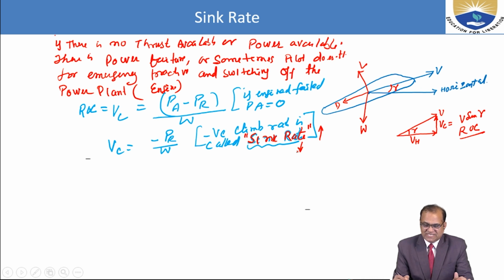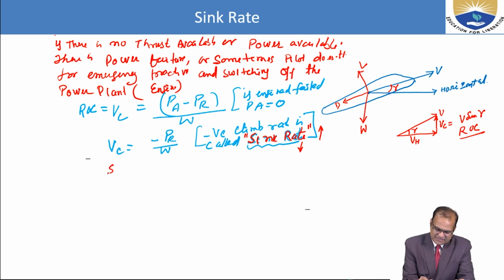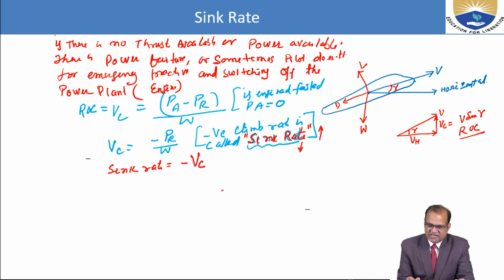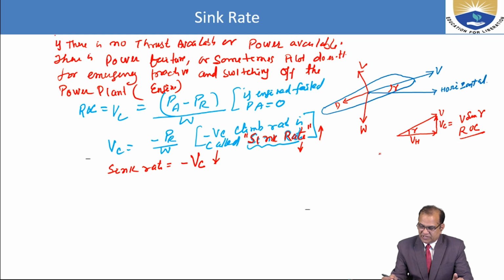Okay, so we will see how this sink rate behaves. This sink rate is also called the negative of climb rate, minus Vc, and it will be going down. Aircraft will not go up, it will go down. Here I have shown it upward, but in fact if T is not there, your aircraft will be coming down.